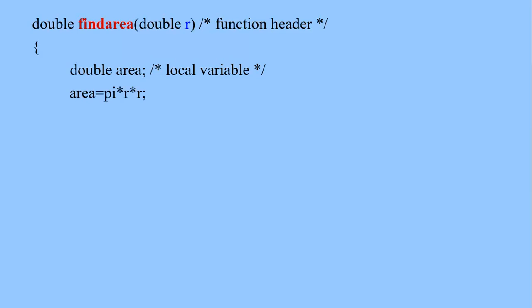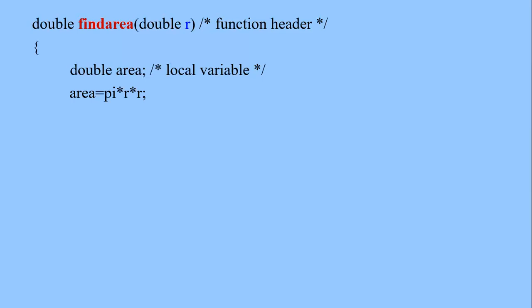And then this function is computing area by multiplying the content of the memory location called pi. Remember, pi is a global memory location, a global variable. I'm calling it a global variable because its content is accessible across the program.